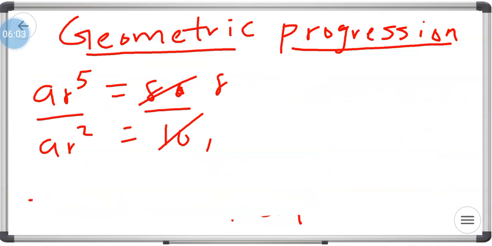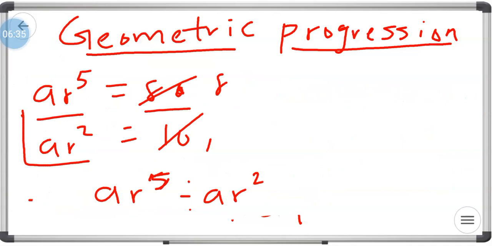And from here, using our law of indices, we'll be having ar raised to power 5 divided by ar raised to power 2.